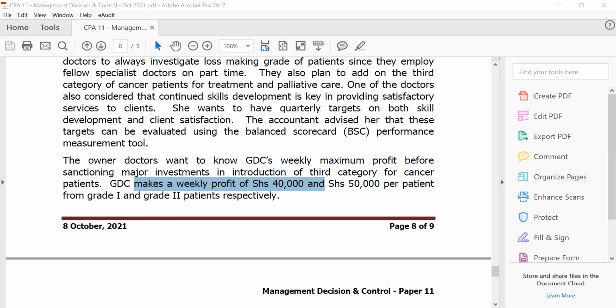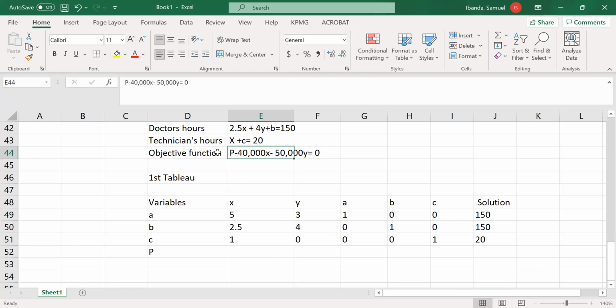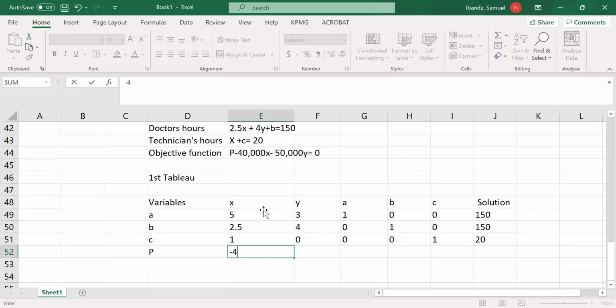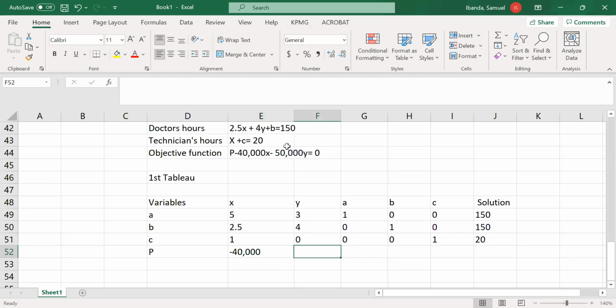So when you come to your W here, what you basically do is come and write. Now, for the first equation, under X, we have negative 40X, okay? So here we have negative 40,000. Under Y, we have negative 50,000, okay?